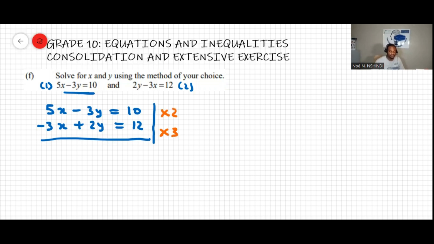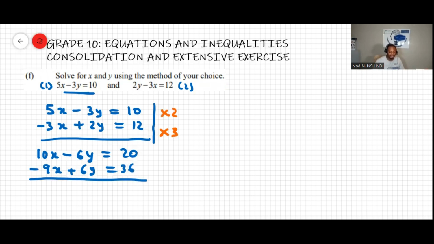The equation becomes 10x minus 6y equal to 20, and the other one will be negative 9x plus 6y equal to 36. If I add the two equations, 10x minus 9x is x, and negative 6y plus 6y cancels out. So x will be equal to 20 plus 36, which is 56. That's the value of x.